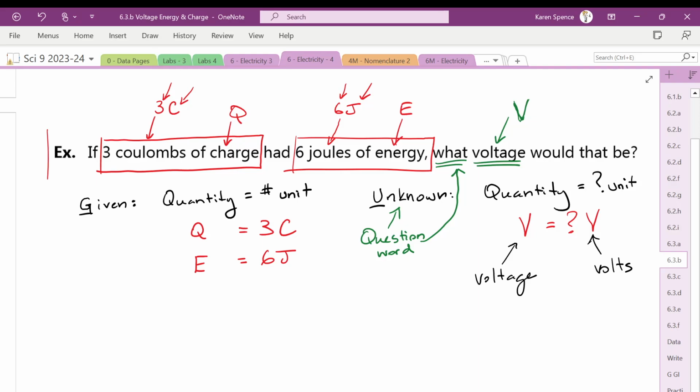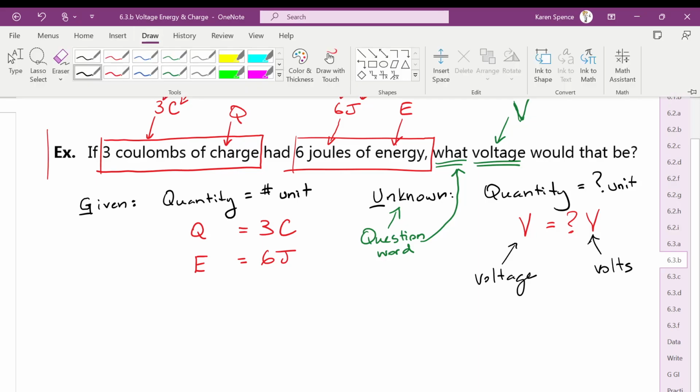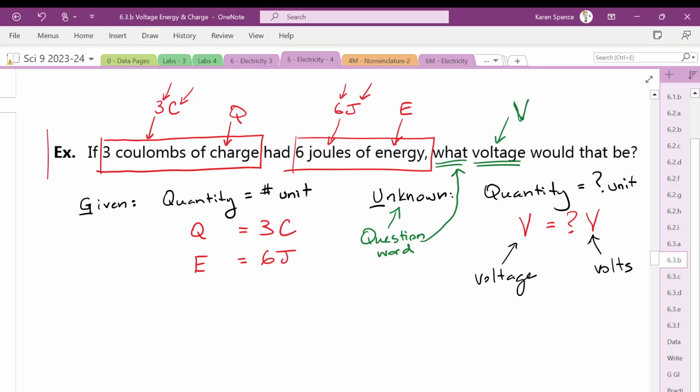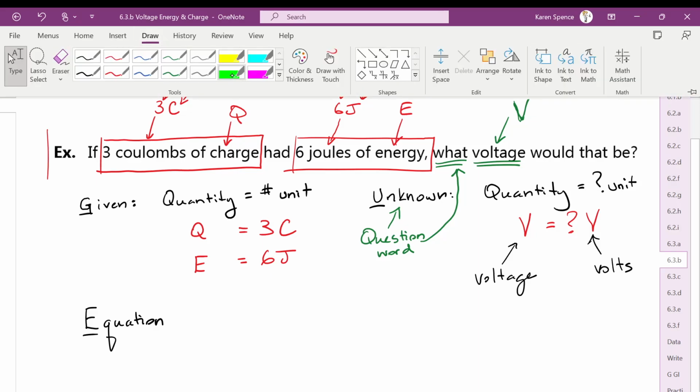We are going to, where's our next thing? What comes after U? E. So we need an equation. And what you can do is you can look and you can say, I have 3 letters.